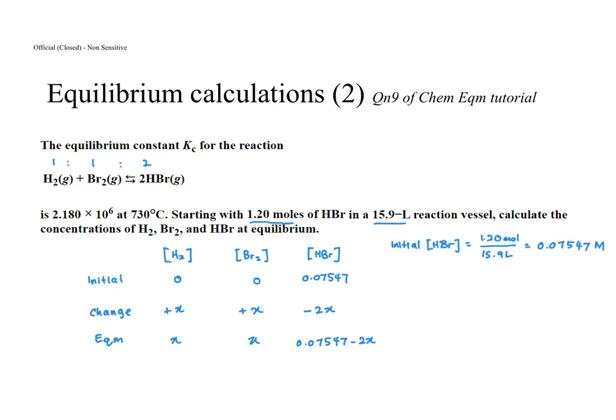Another piece of information we are given is the equilibrium constant, Kc. So let's first write out the equilibrium constant expression. So based on the equation, Kc equals HBr concentration to the power of 2 divided by H2 and Br2.